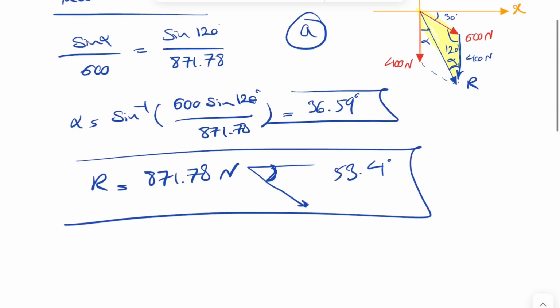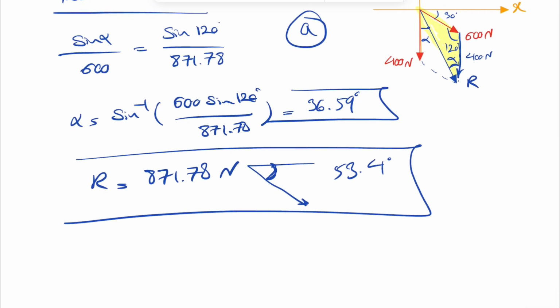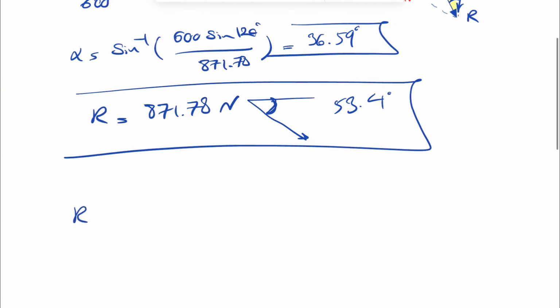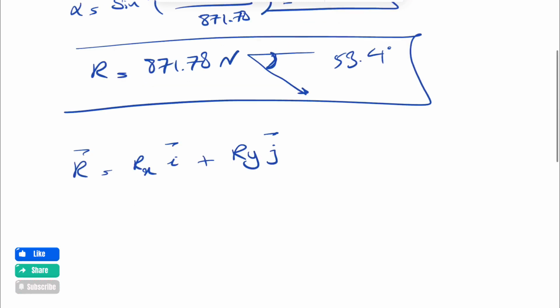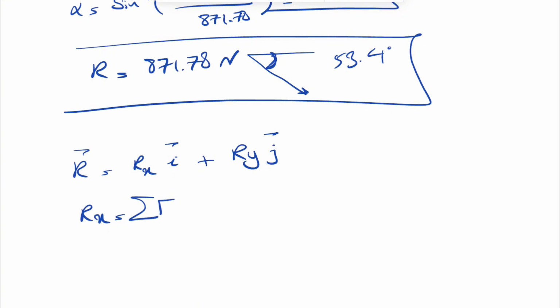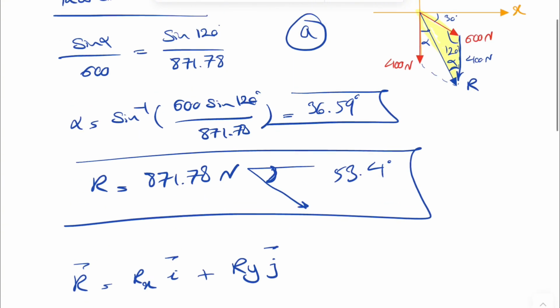And if you want to go with the scalar components, it's pretty simple. We have our resultant in vector form, which would be Rx i, where i is the unit vector for x, and Ry j, and j is the unit vector for y. So Rx would be the sum of all forces in the x direction.